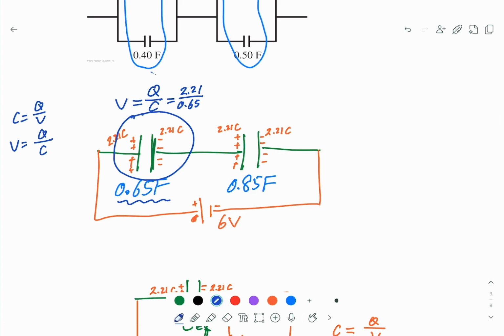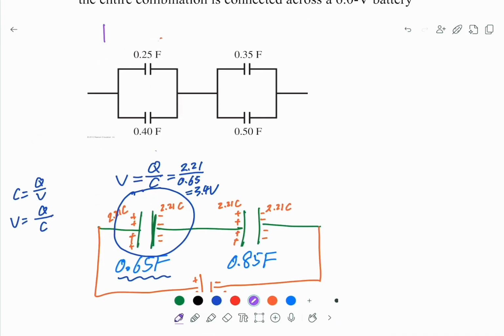So the potential here is 3.4. So this is 3.4 volt. The potential difference across this one is 3.4 volt.